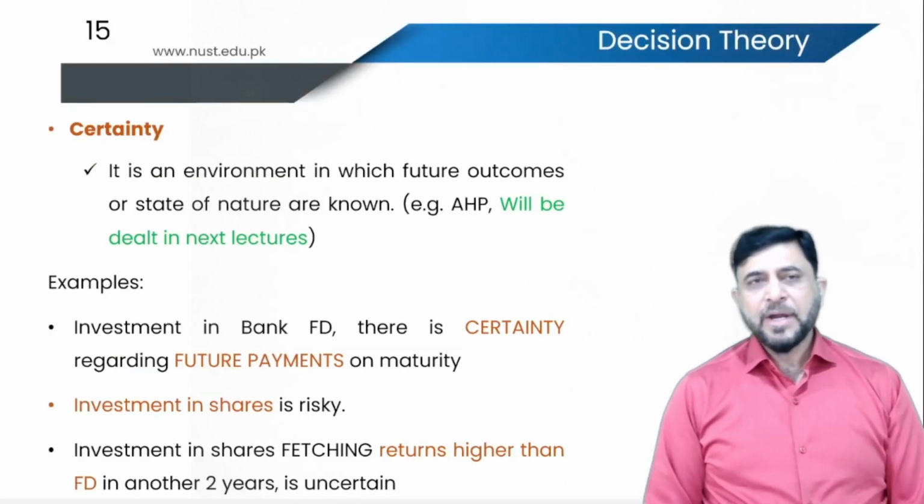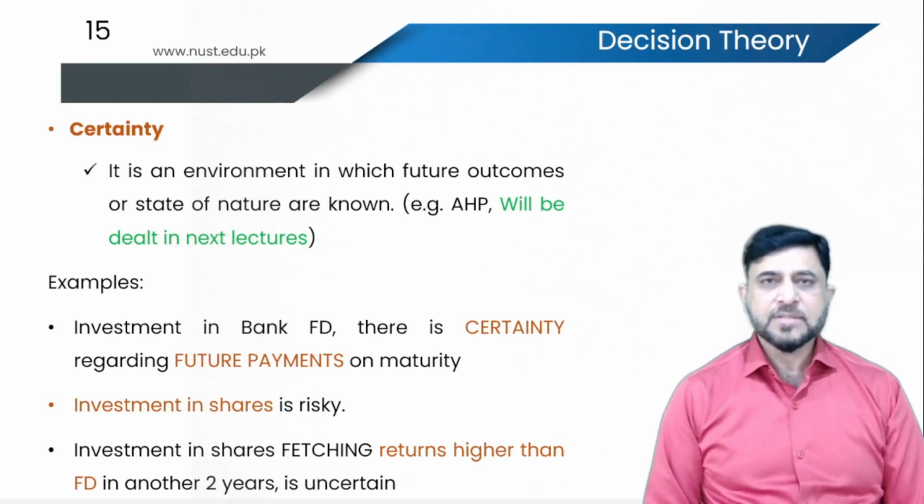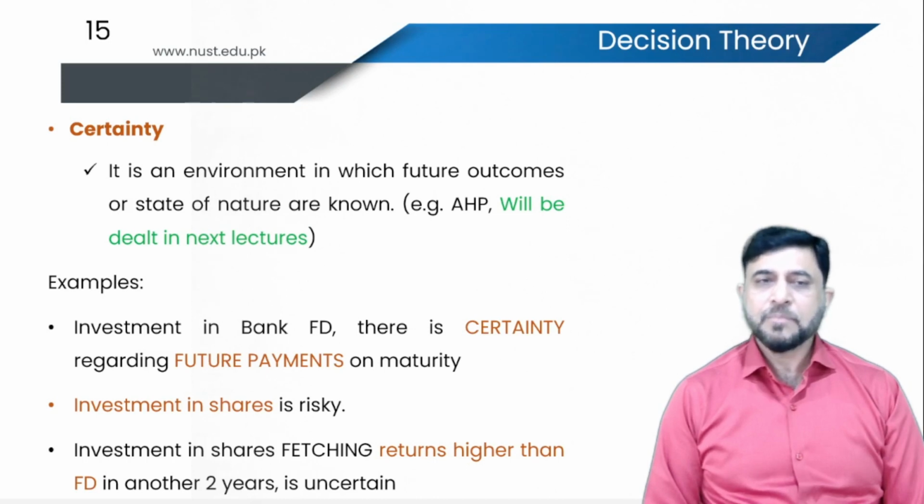When we are dealing with certainty, it is an environment in which future outcomes or states of nature are known. For example, AHP, analytical hierarchical process, we will study that, will be dealt in the next lecture. Examples are investment in a bank fixed deposit. There is certainty regarding future payment or maturity. So this is basically a certainty environment.